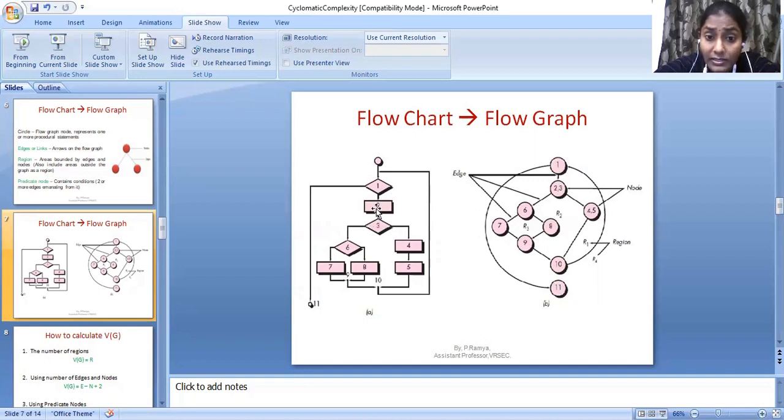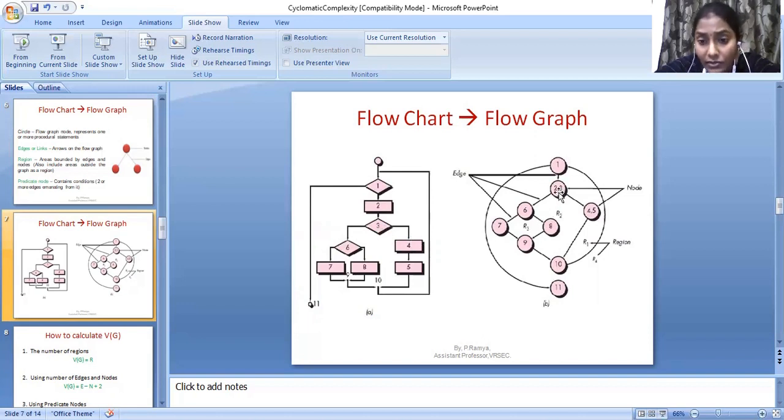After that, you see a rectangular box connected with a decision again. That is a sequence. Once a sequence is there, we can write the two numbers in the same node, because no operation has been performed in between. After this one, you have to do this one, so a sequence is drawn like this. At 3 again there is a decision box: either it goes to 6 or it goes to 4.